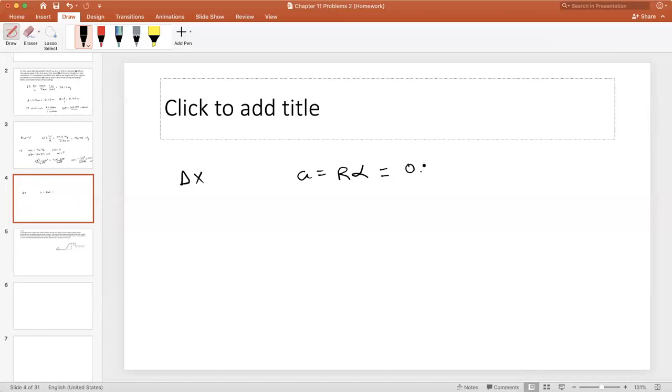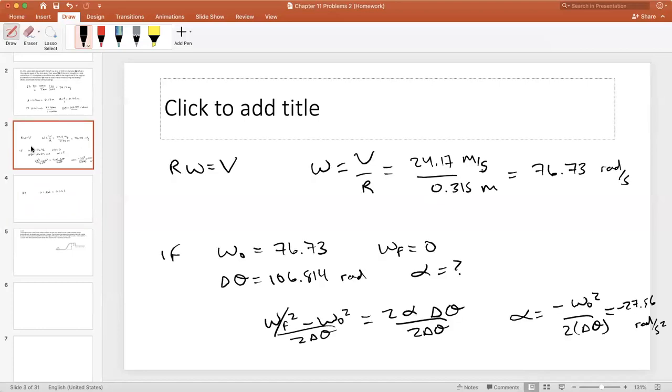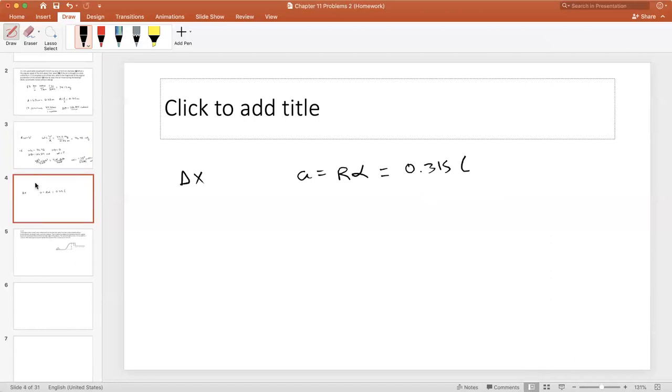This is 0.315. We just found that alpha was negative 27.56. And so this is equal to negative 8.68 meters per second squared.